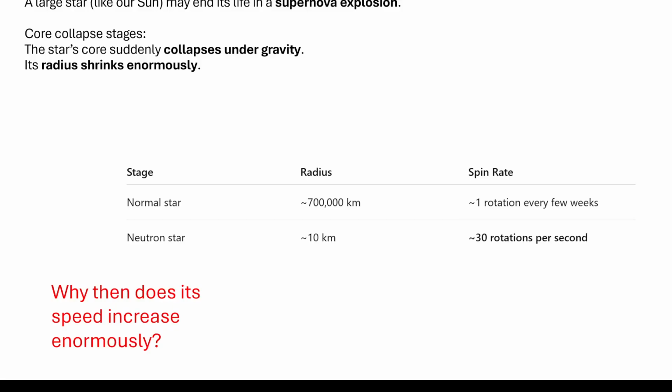Because the radius is shrinking, the moment of inertia decreases, and because there's no external torque, its speed increases to 30 rotations per second, just to conserve angular momentum. The speed increases enormously because the radius decreases and the distribution of mass changes, so the moment of inertia decreases. To keep angular momentum constant, omega increases enormously.